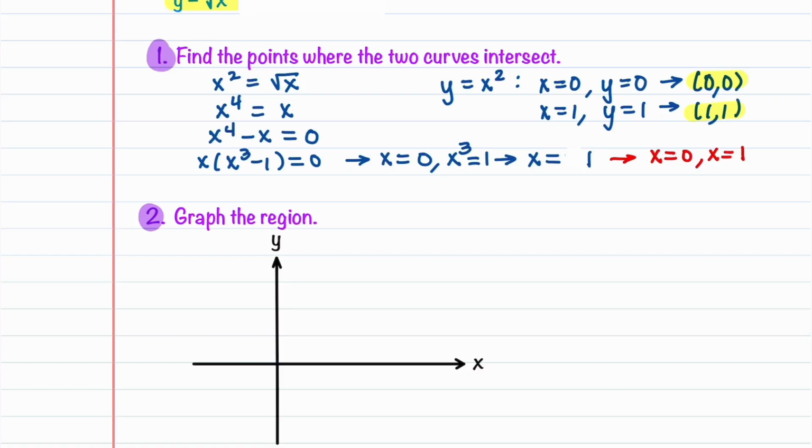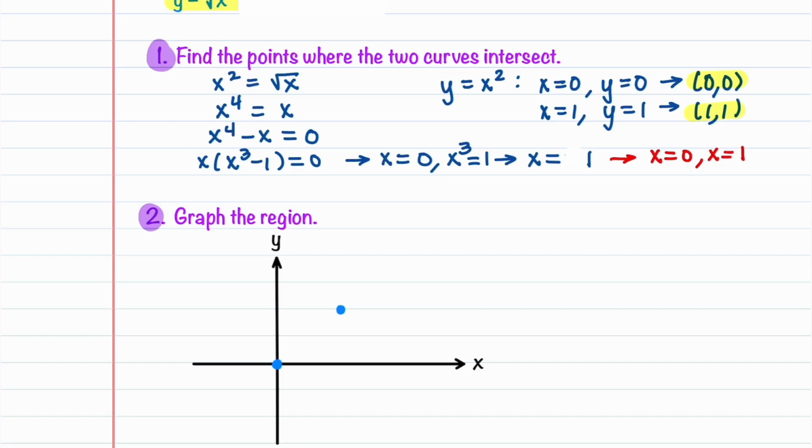Let's begin by plotting our two intersection points, (0, 0), and let's go ahead and make (1, 1) right up here, to give us a little bit more space. Let's hold off labeling the graphs and go ahead and graph our two curves.